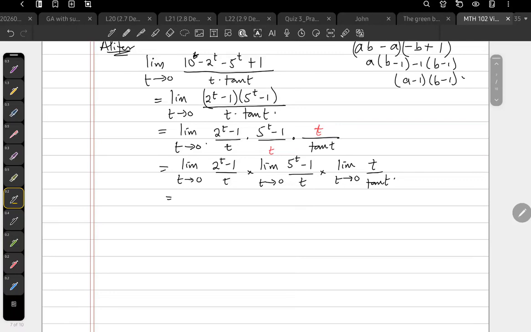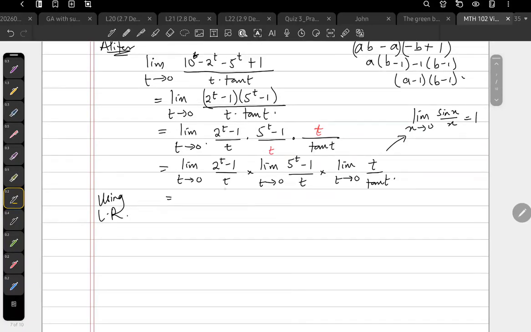So that's grounds for using L'Hopital's rule. The same thing with the expression in the middle, and the last expression itself is one of the main common limits. Just as we know that the limit as x goes to 0 of sine x over x is equal to 1, t over tan t or t over sine t is also equal to 1.